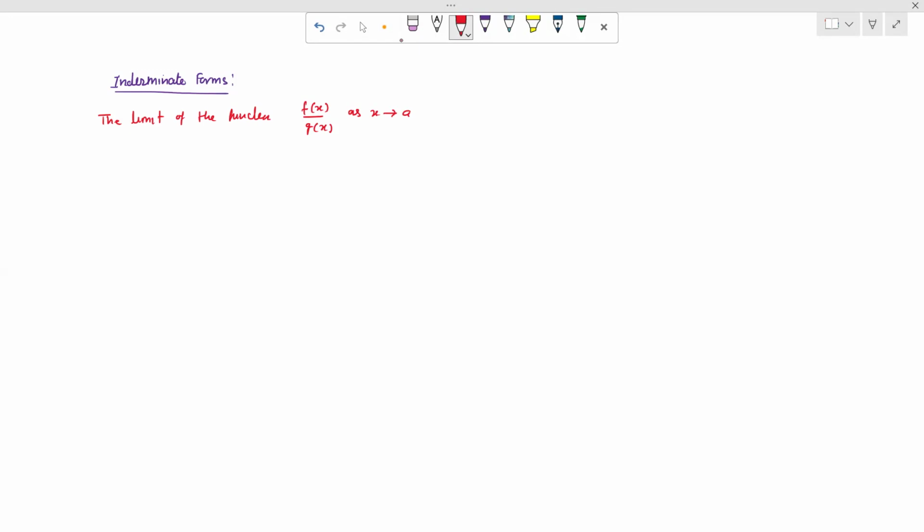Basically, the limit is equal to the limit of the numerator divided by the limit of the denominator.